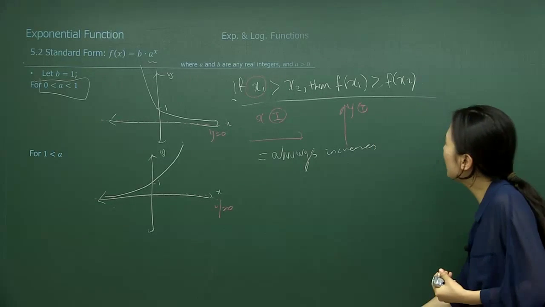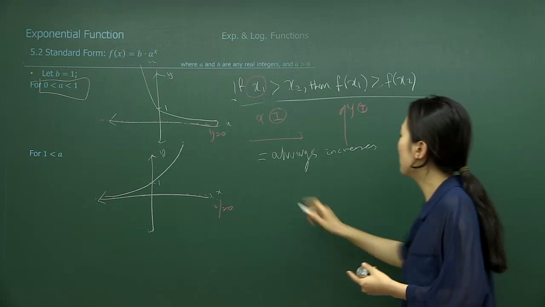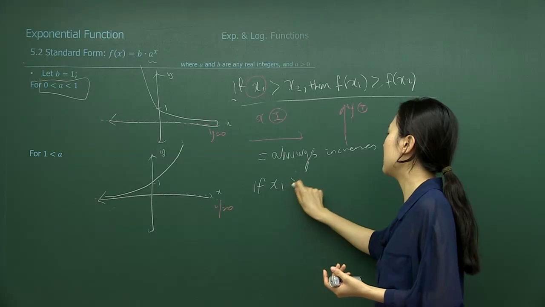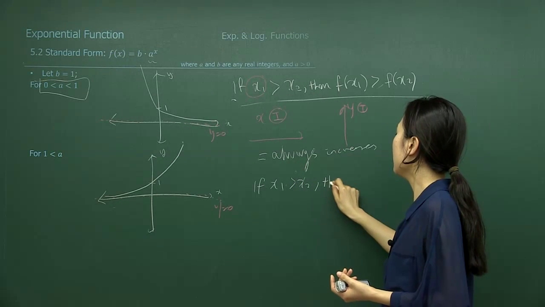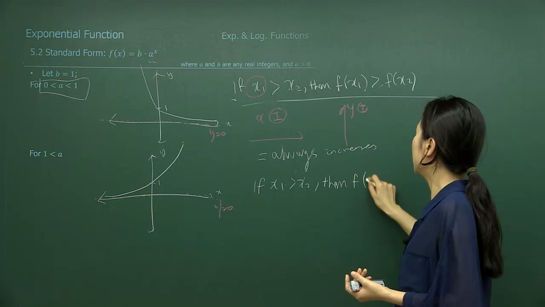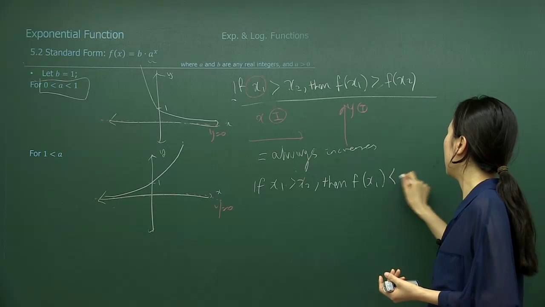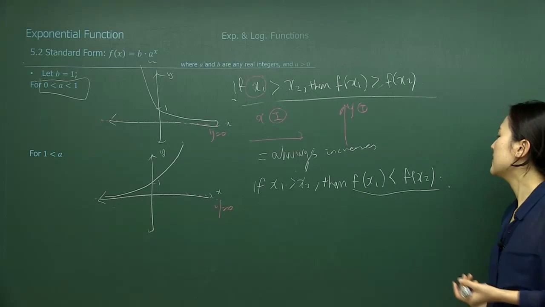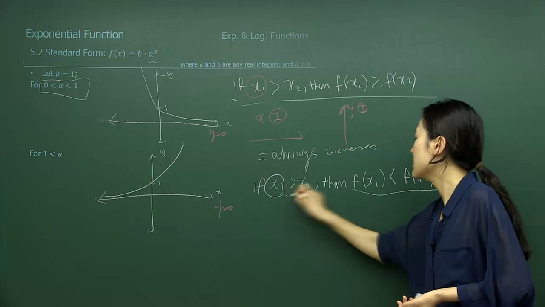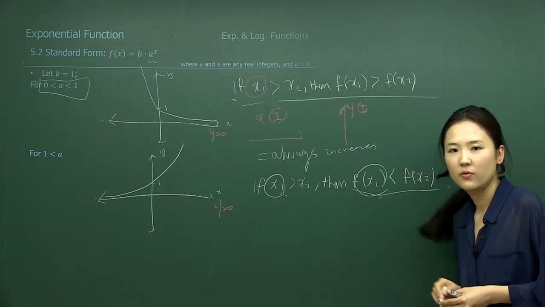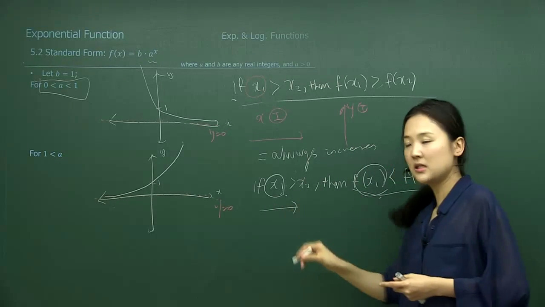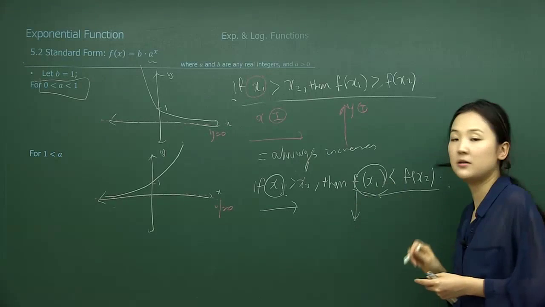And if I simply swap this part around, so if x1 is still greater than x2, then I'll swap the inequalities around for the function value part. If I say the bigger the x, the less the y, then technically, as x increases, your y will be decreasing.